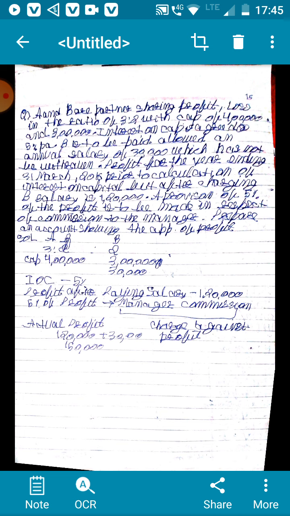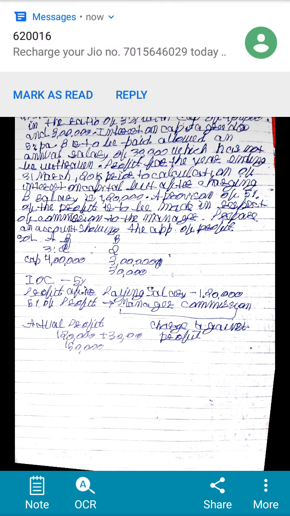B is allowed an annual salary of 30,000, which has not been withdrawn. Profit for the year ending 31 March 2016, before the calculation of salary, is 1,20,000, of which 5% is to be provided as commission to the manager. Prepare an account showing the appropriation of profit.